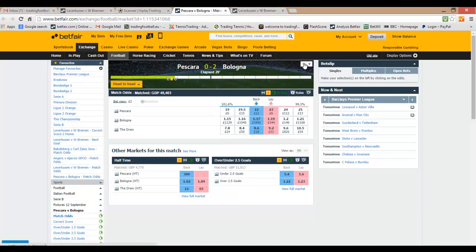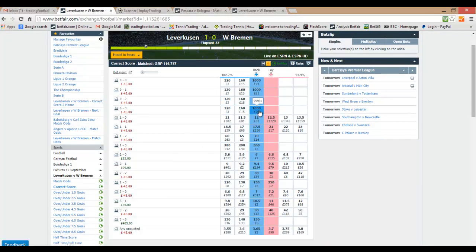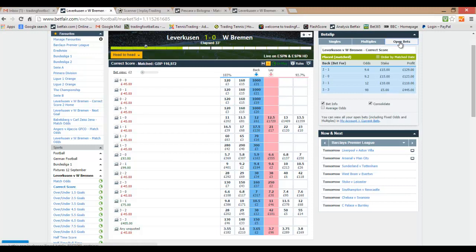I'd taken the Angers Ajaccio 2-0 lay quite readily, and I should have done the same for this Pescara Bologna game, especially as it was an away side too. The in-play stats were showing that Bologna were well on top, so I gave that a semi-miss, but I wanted to keep my eye on it. We'll see later that my eyesight wasn't too clever in that particular case.